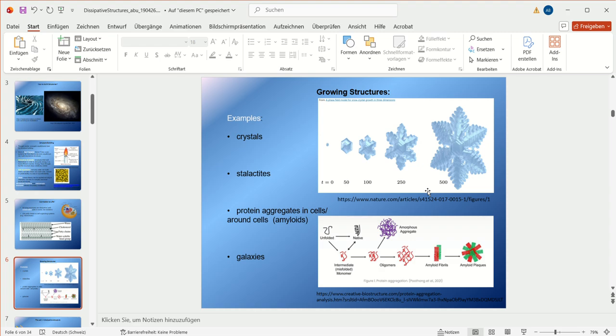And one example shown here are snow crystals. So you have just water molecules, and you have this hexagonal thing to start with, and it grows also hexagonally, and the crystal can also change its form, but it will always stay hexagonal and symmetric. So fascinating stuff.